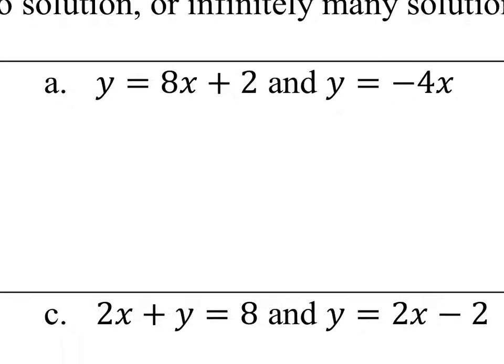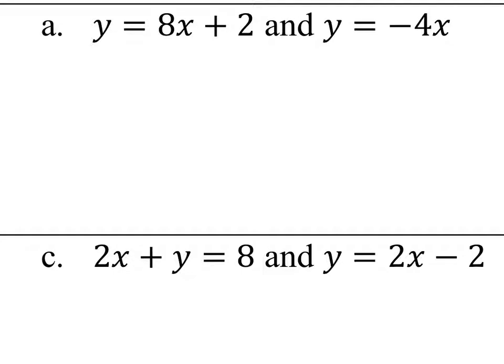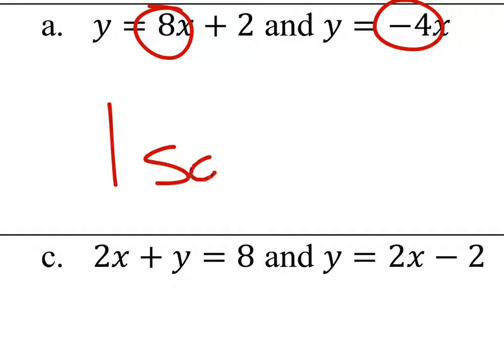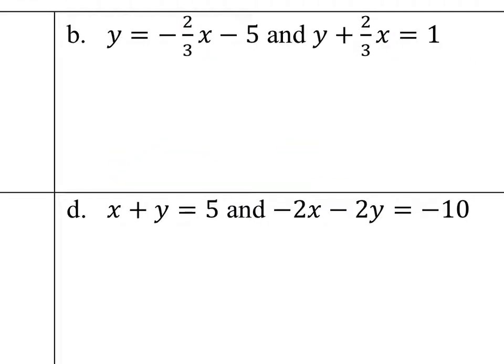You guys have to determine for these if they have one solution, no solution, or infinite solutions. With these, here's my slope of 8. This is a slope of -4. These have different slopes, so one solution. This one, after we change this equation into slope-intercept form, has the same slope but different y-intercepts.